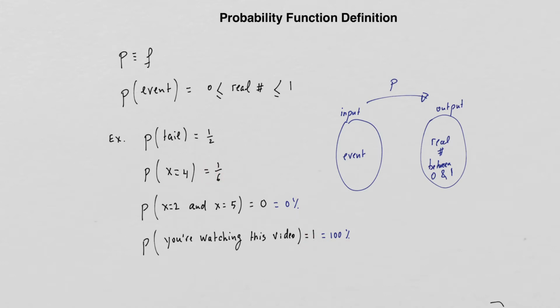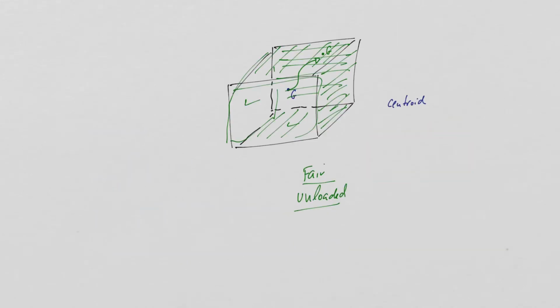Now, for this function to be a probability function, not only must the input be an event and the output be a real number between 0 and 1, it has to fulfill two conditions to be called a legitimate probability function. So this is not legitimate, for instance: if I say the probability that something happens is 5, you say, well, this is not legitimate.